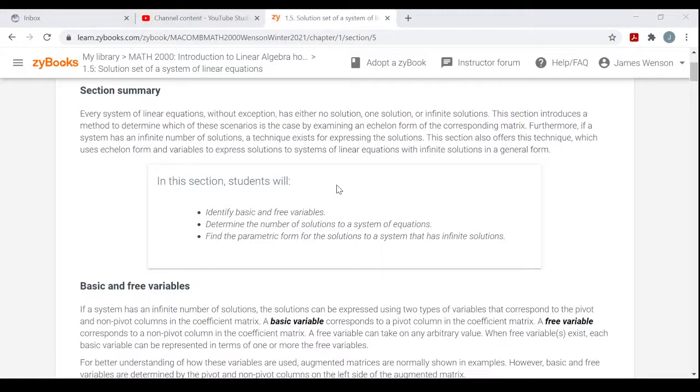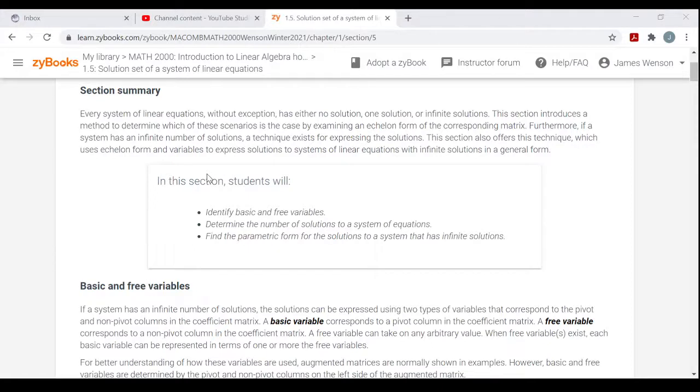Now there's some more definitions here. It starts off with: every system of linear equations, without exception, has either no solution, one solution, or infinitely many solutions. Right? So we have to decide which of these three scenarios we're in based on an augmented matrix for the system.